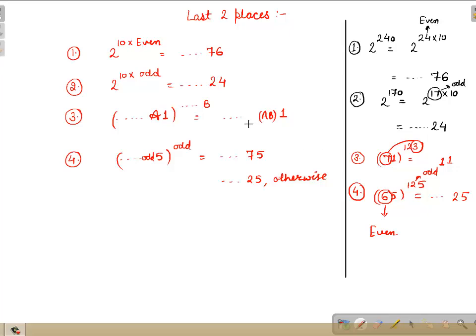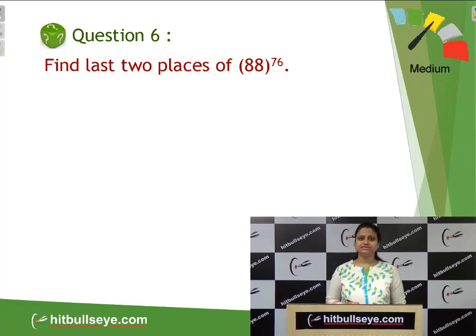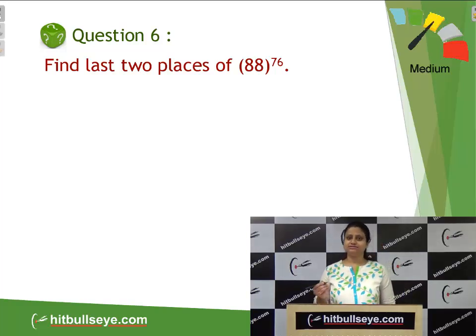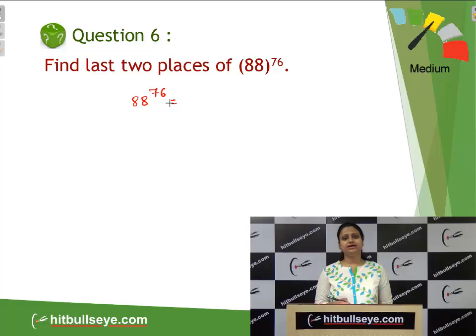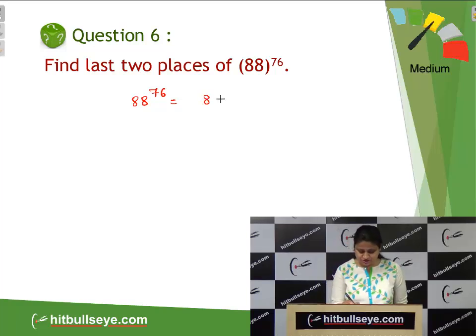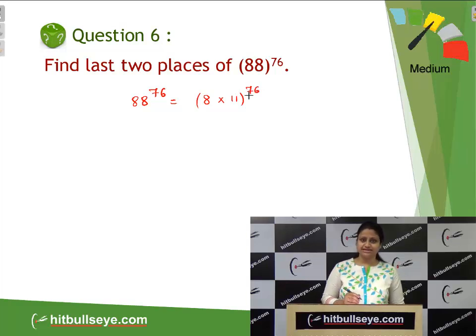Now let us move to questions on the application of these shortcuts. Question number 6. Find the last two places of 88 raised to power 76. Now for this 88 raised to power 76, we don't have any shortcut for a number ending in 8. So we will try to break the base number, which is 88.